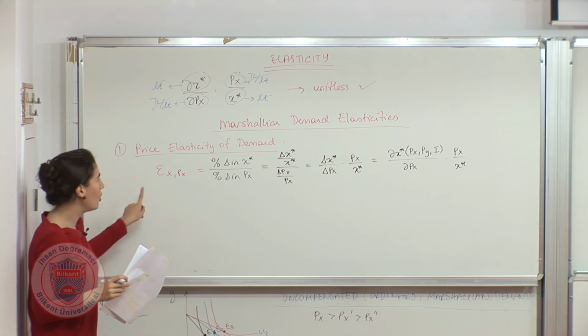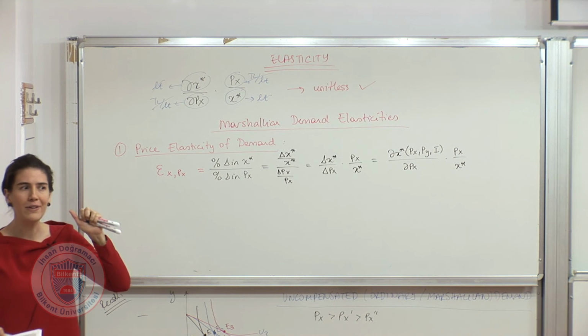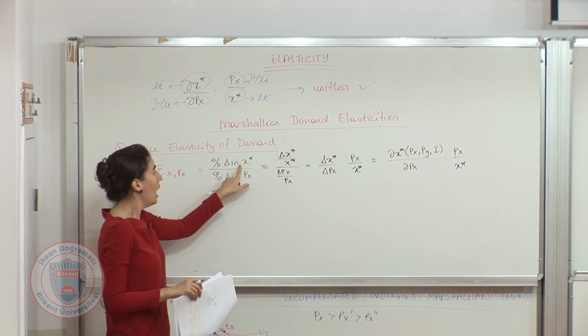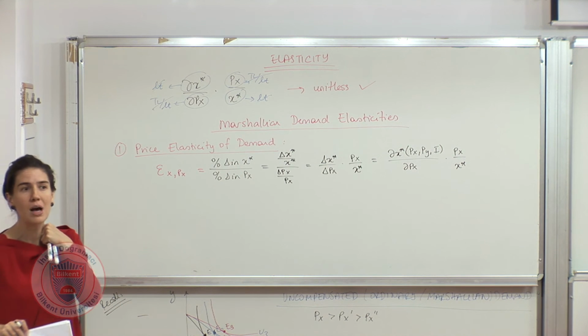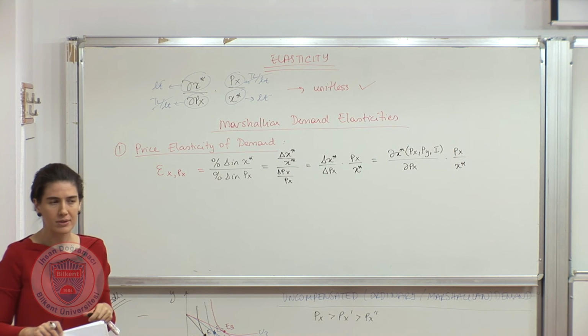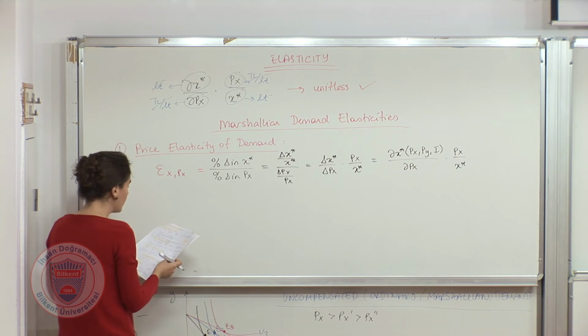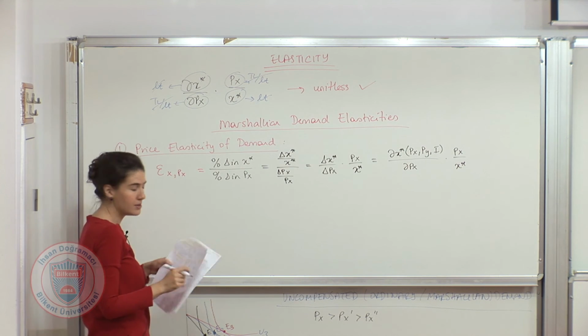This is what we call the price elasticity of demand. It tells you that if there's a 1% increase in price, how much your consumption would respond, by what percentage. So this is price elasticity of demand, and you see that we get rid of the units.